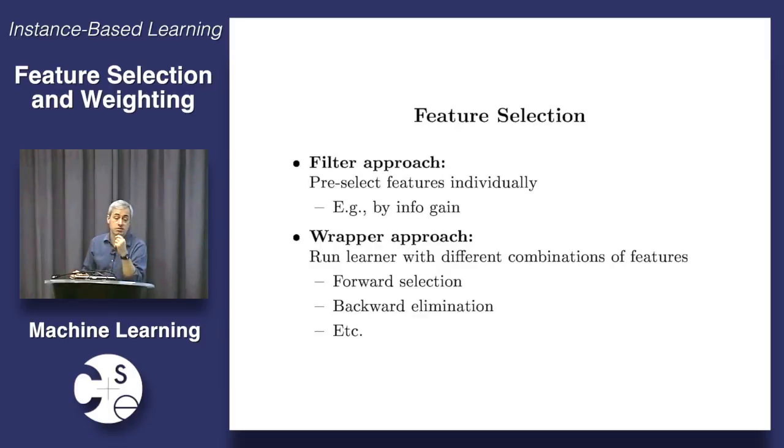Exactly. Let's suppose that I have a concept that's just the parity of two of the attributes in the data, right? What is the problem of selecting features by information gain? Right? Let's suppose actually that I have no noise, I have no irrelevant dimensions, right? But I don't know that, right? I just have those, and I apply my information gain to each one of them, right?